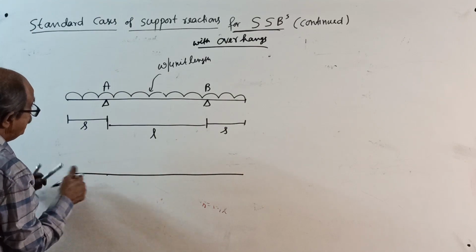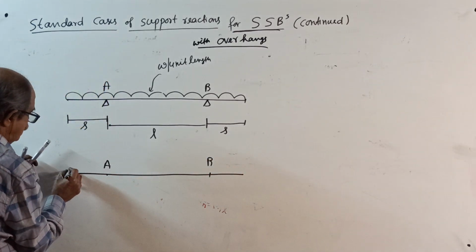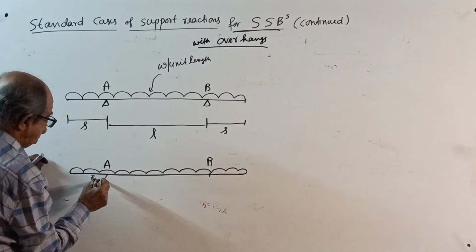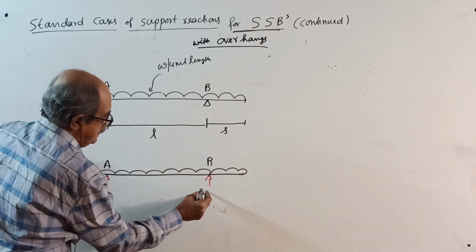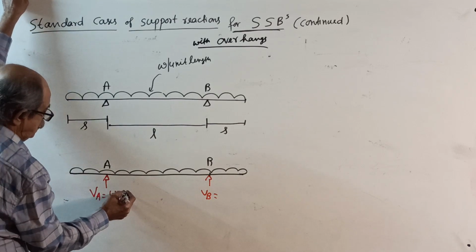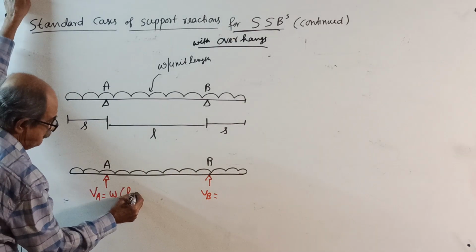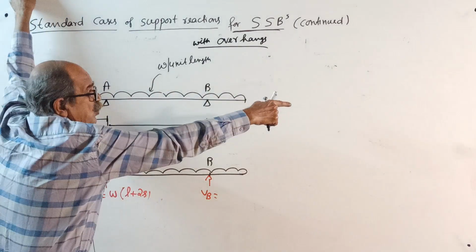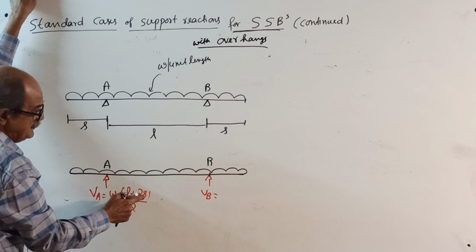Here, this is A, this is B, full UDL. This reaction VA and this reaction VB both will be equal to w into (L plus 2S). You can write L plus 2S, intensity into total loaded length, divided by 2. Or you can write wL by 2 plus wS.